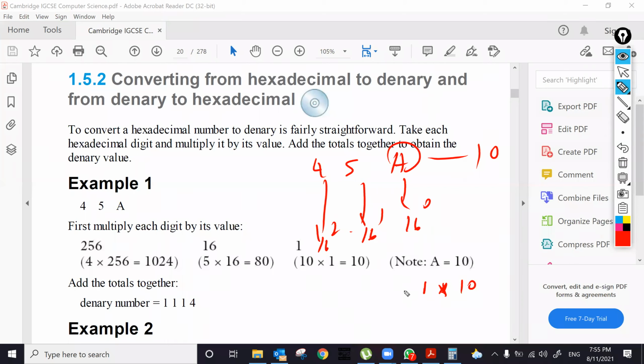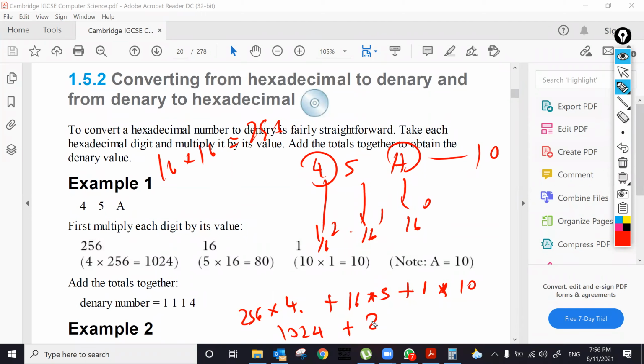Then plus here 5, 16 to the power of 1 is 16, multiply by 5. Plus 16 into 16, that's 256, into 4, here 1024.